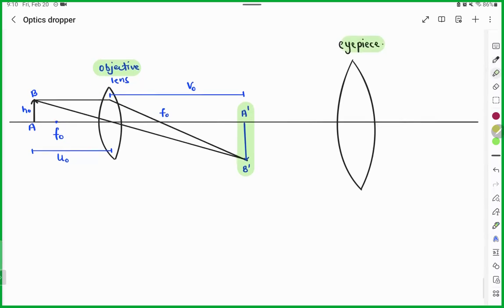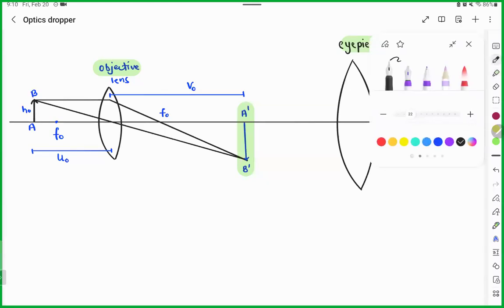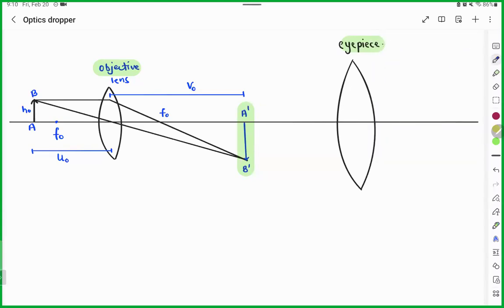So when this is serving as the object, what will happen again? Lines will fall like this and like this. I will extend this.